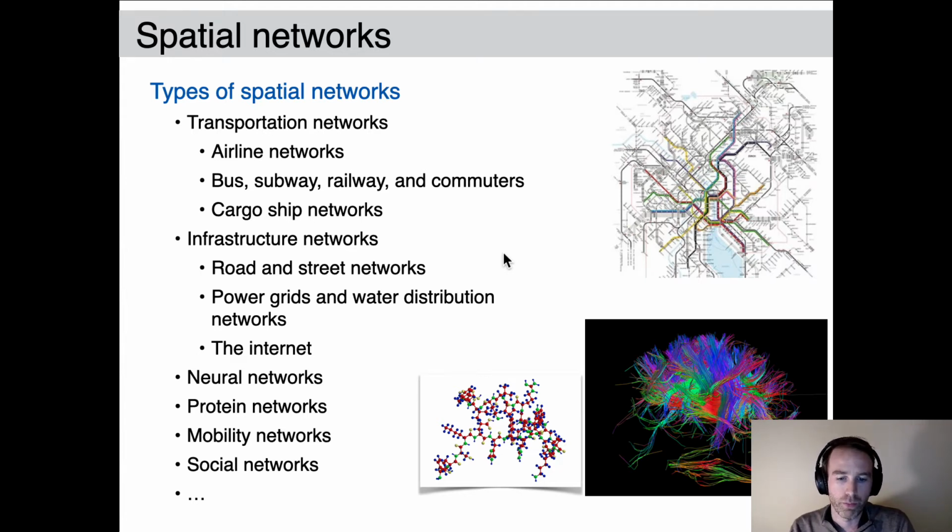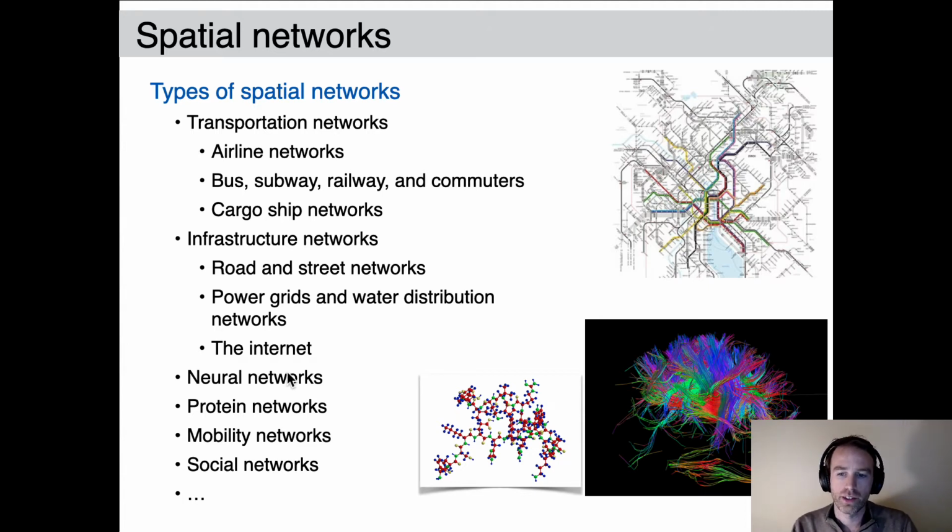So typical examples are transportation networks, like airlines, bus, subway, ships, and so on. Embedded in the same kind of geographical space, you will have infrastructure networks with roads, power grids, and the internet.